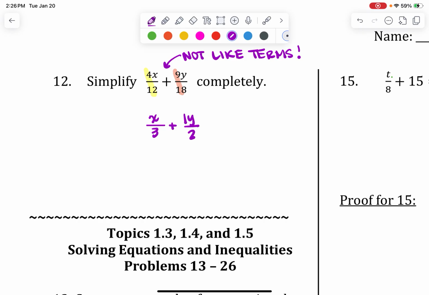And there's my 1/2 right here, right? So if you want to write the 1 because that looks nicer to you, then please do so. And so this is my final answer. This was just a little lesson in reducing fractions, but I still can't add these together because one's an x term and one's a y term, so they're not like terms, okay?